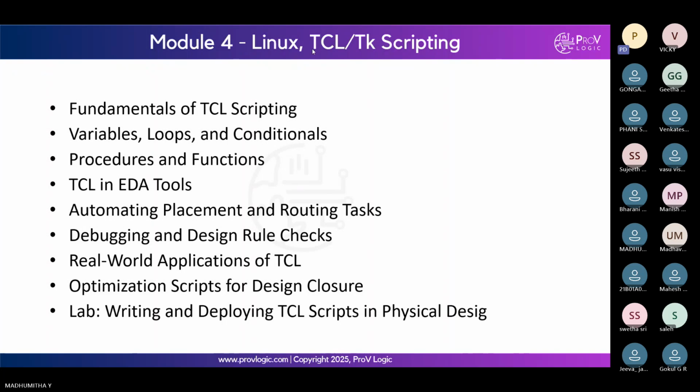First we moved from MOSFETs, then to FinFETs, then we are moving to 3D-IC technology, and then to chiplets.